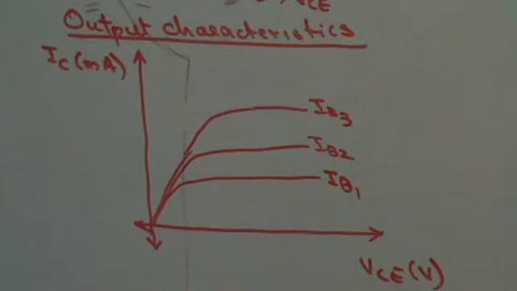This constant value of collector current increases with the increase in the base current. So this is as good as your Zener diode in the avalanche, where the current goes on increasing independent of the voltage. Here the current remains constant and is independent of the voltage. Whatever is the change in the collector emitter voltage after a certain point, the current remains constant.